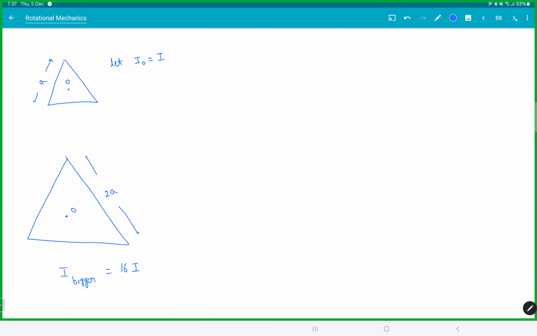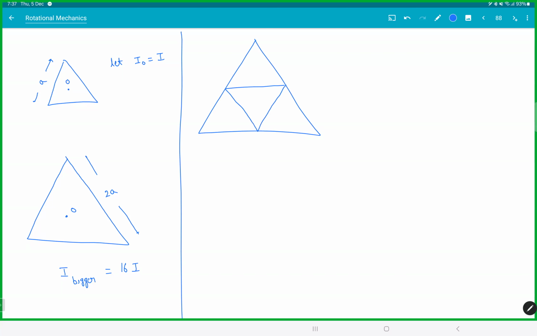Now, interestingly, for an equilateral triangle, when you take this big one and cut it into 4 pieces, you'll get 4 equilateral triangles. Here O is the common centroid; this one is the centroid of one triangle, this centroid, and this centroid.